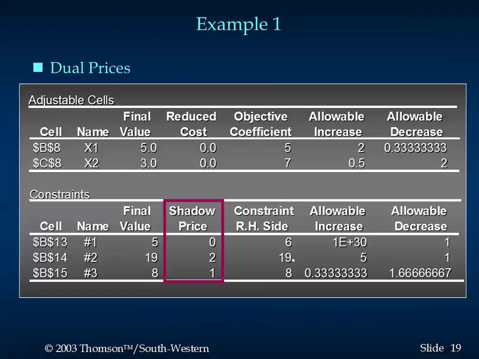Similarly here, 19 plus 5 is 24, 19 minus 1 is 18. So as long as this is between 18 and 24, the dual value will continue to be 2. In this case, 8 minus 1.66 is 6.33, and 8 plus 0.833 is 8.33. So between 6.333 and 8.333, the dual value for this constraint remains at 1. Okay?